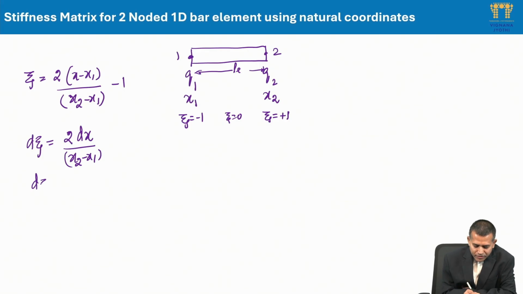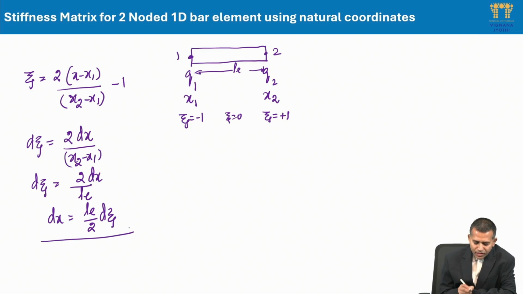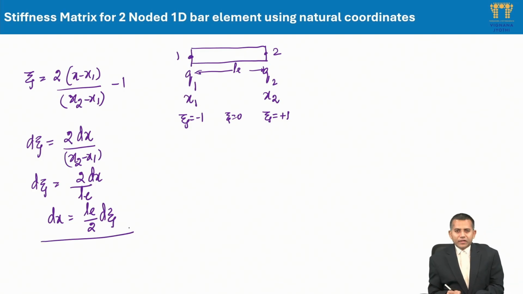So I can write d zeta as 2 into dx by the length of the element. So if I write dx, I will get LE by 2 into d zeta. So we got the relation between the global coordinate system and the natural coordinate system.